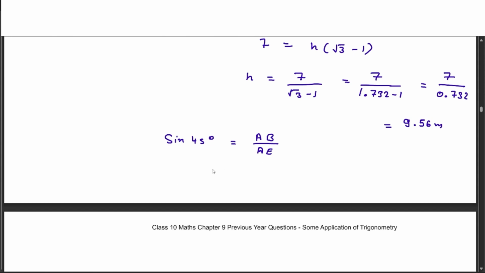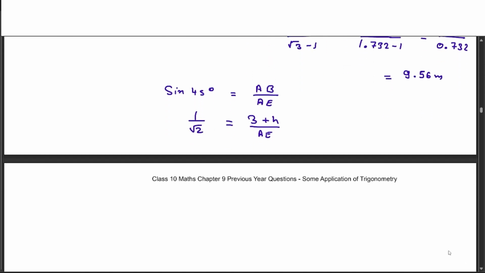Now you already have AB, and sine 45 is 1 over root 2, equal to 3 plus H over AE. So based on that you can solve: AE is equal to 3 plus H times root 2.